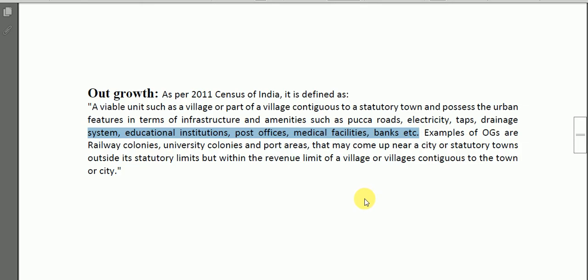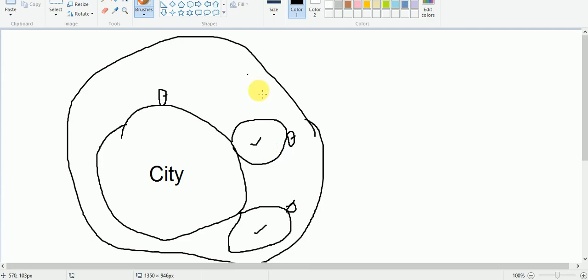So in this case, this outgrowth may possess some characteristics of these urban areas, but it cannot become an independent town, and this is what we call outgrowth.